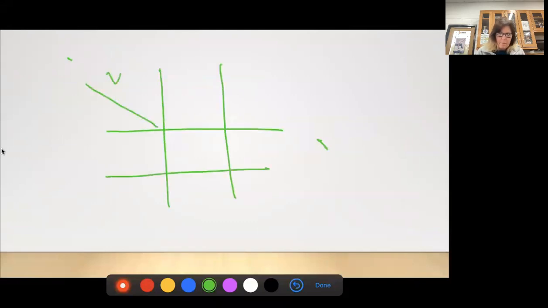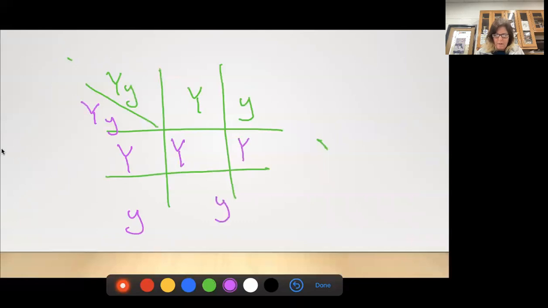So we started with big Y, little y. Our other plant was also big Y, little y. So you're going to move the big Y across and the little y across. I purposely put the little y off to the side a little bit because we like to put our dominant letter first.